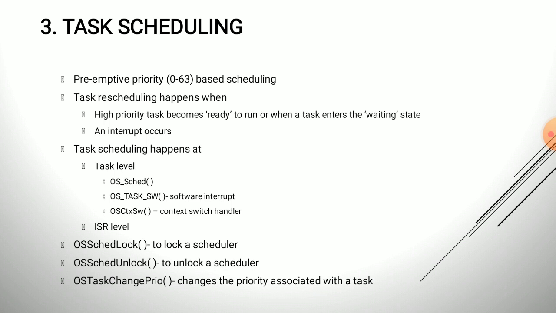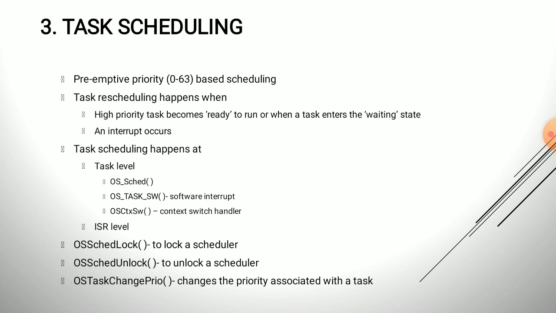In micro C OS2, the task scheduling happens at two levels. One is task level and the second one is interrupt service routine level, that is ISR level. The task level scheduling is executed by the kernel service OS_SCHED, that is OS_Schedule, when a system call occurs.